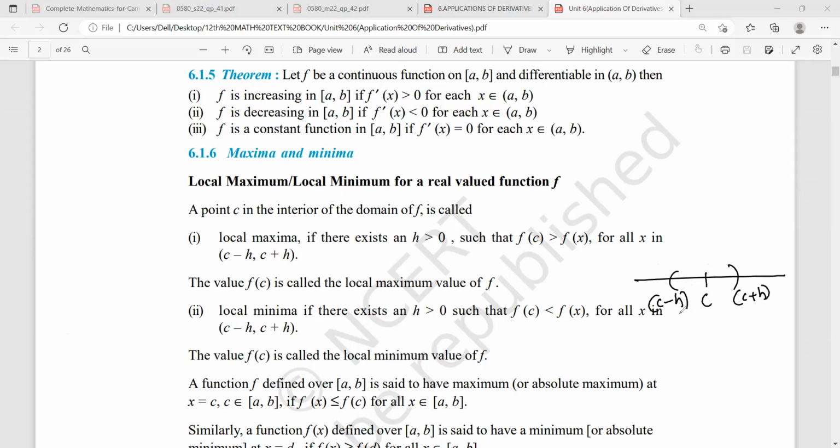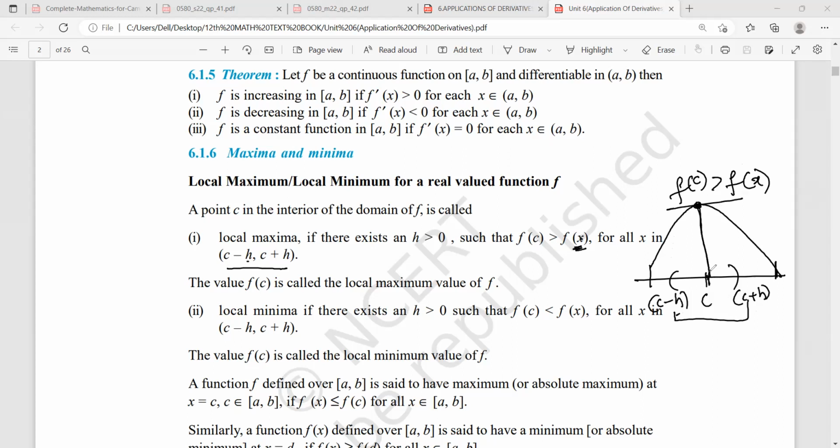Here we have a local maximum, so f of C is the greatest. f of C is greater than f of x when x belongs to (C minus h, C plus h). That is a local maximum.